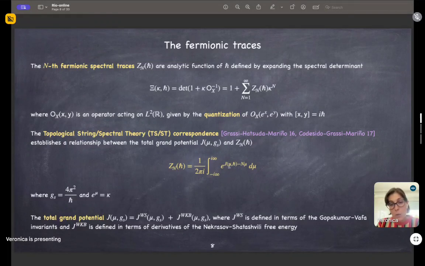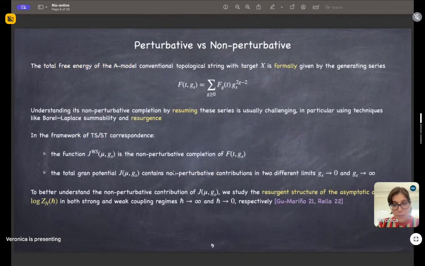We would like to study the J, but it turned out to be much easier to study the Z, because being defined through this quantization, we can have explicit analytic formulas for this Z. Once we have them, we can study their asymptotics, their resurgence structure, and see which type of information we can understand.